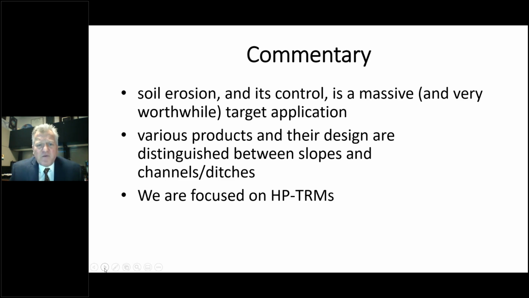We have this for erosion control and various products for design for slopes and channels. These materials are working very well, and certainly our focus is on HP-TRMs, but it can be broadened to a bunch of different materials, and we'll see how the defining of these materials goes inside of ASTM.